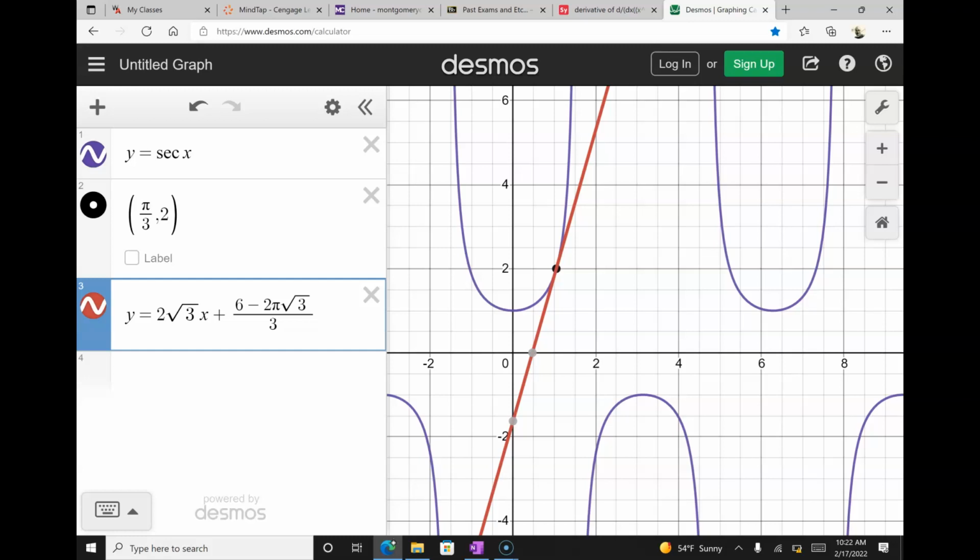How we doing? Okay? Anybody graph it? You can see it on the calculator. You can see that you got the right derivative. You got the right tangent, yes? Good.